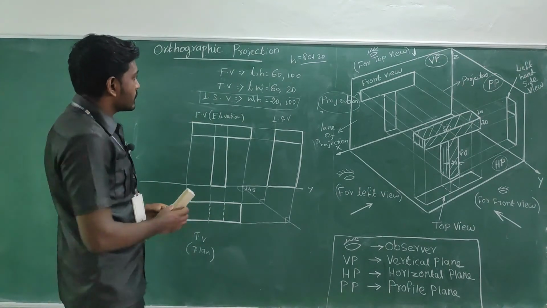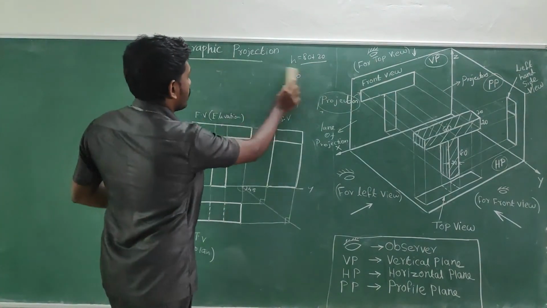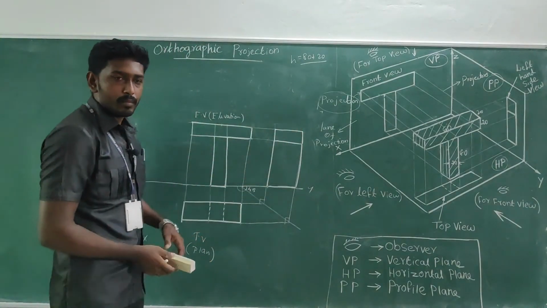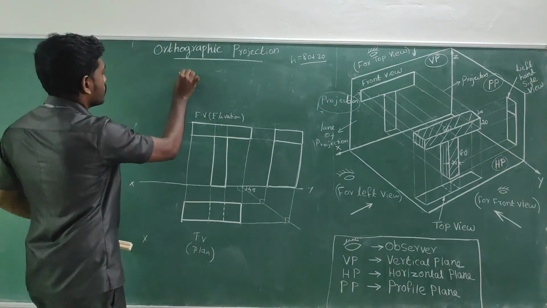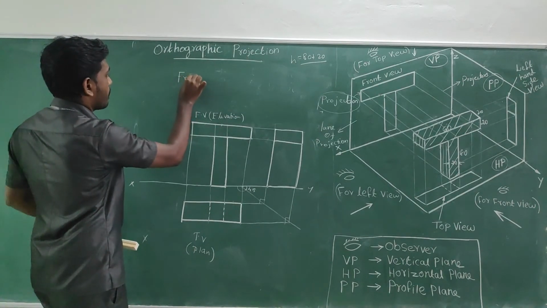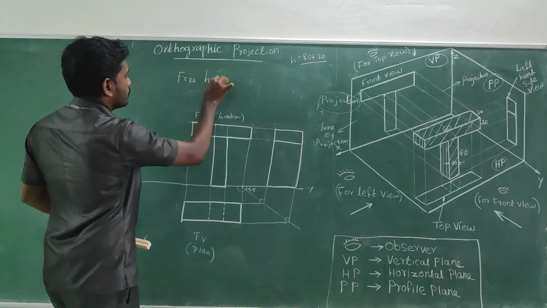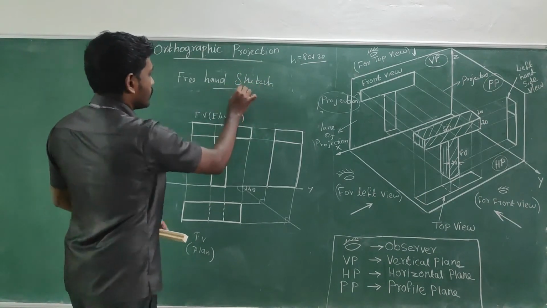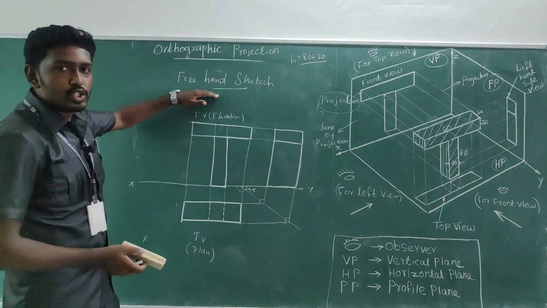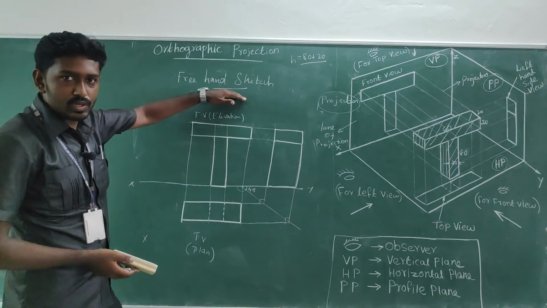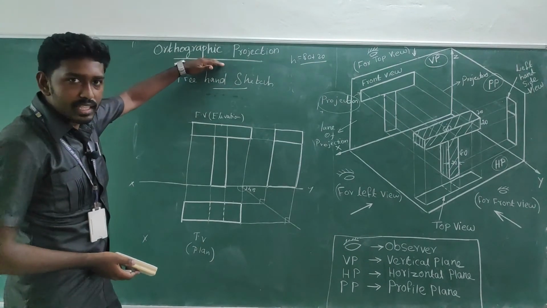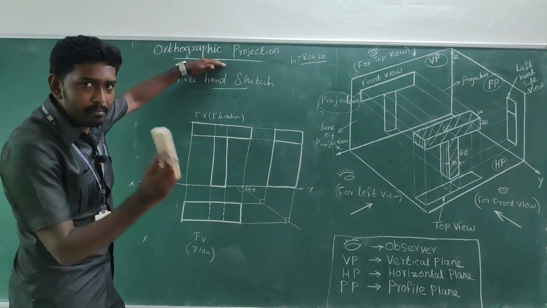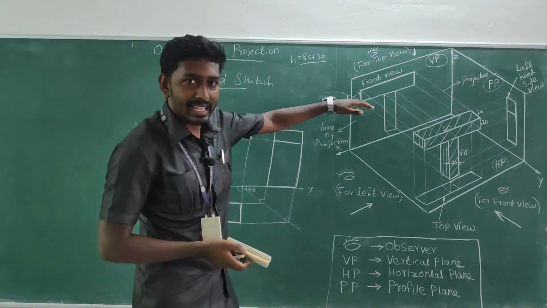As far as our syllabus is concerned, we are not going to work with the orthographic projection instruments, but we are going to draw a freehand sketch. For the freehand sketch, we use the method and technique of orthographic projection. The same technique we are going to follow for the extraction work.